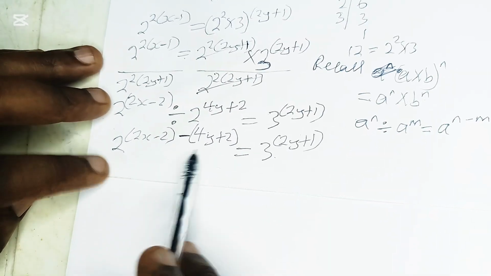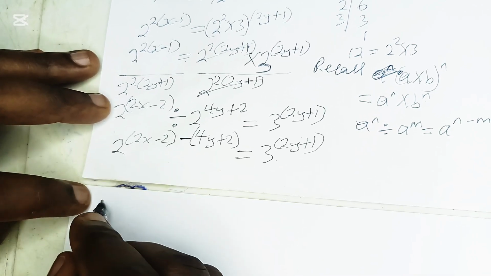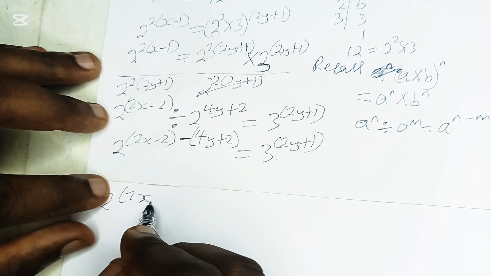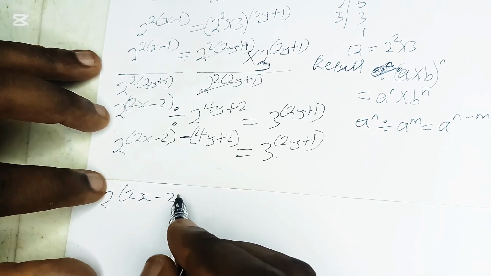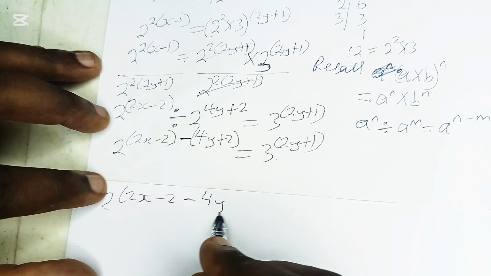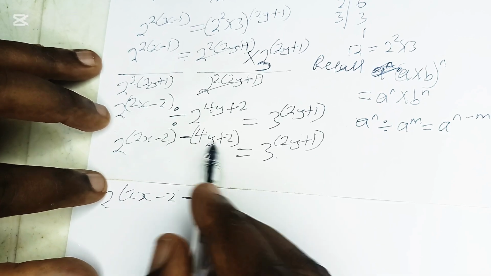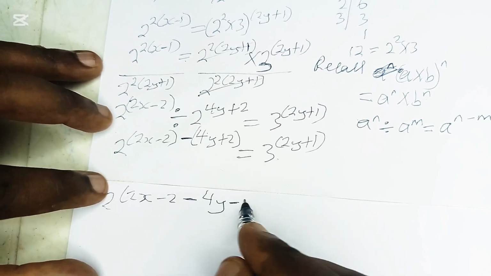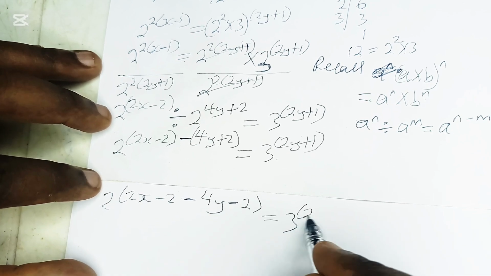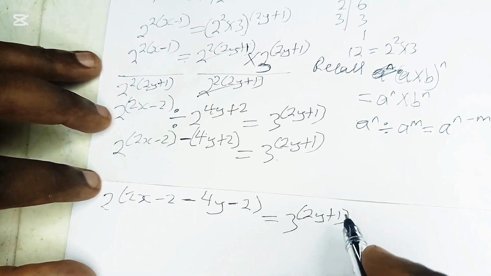So to open this bracket now, we have 2 raised to the power of 2x minus 2, minus 4y, minus multiplied by plus, that's minus 2, is equal to 3 raised to the power of 2y plus 1.